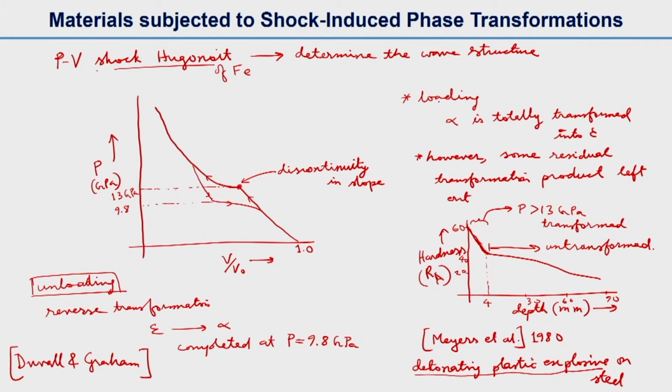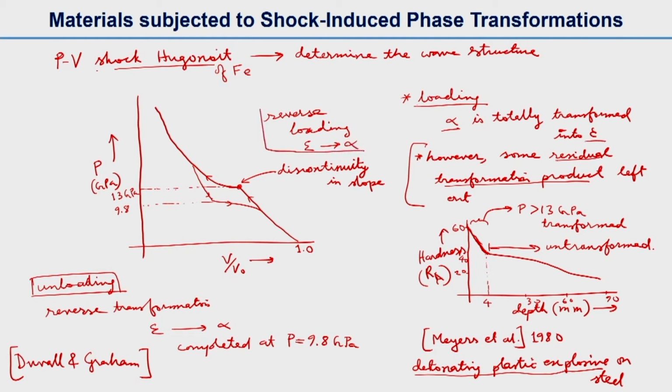Oh, sorry. What I wrote here is loading. That is correct, that during loading alpha phase totally transforms to epsilon, but what we talked about here is the residual transformation product. So actually we should have written that this is about reverse loading, from epsilon to alpha.